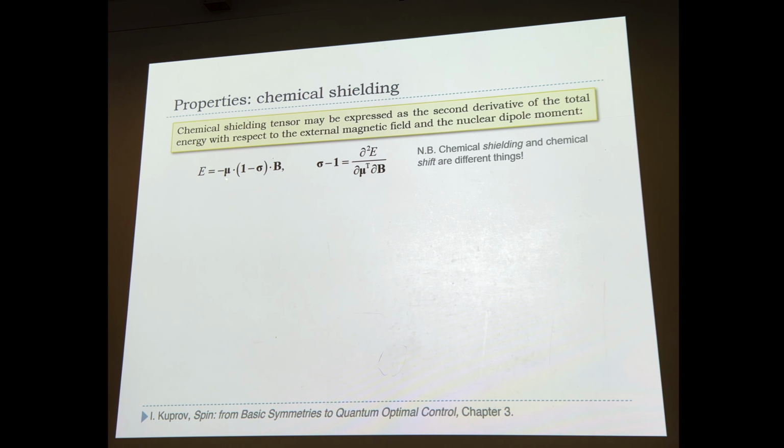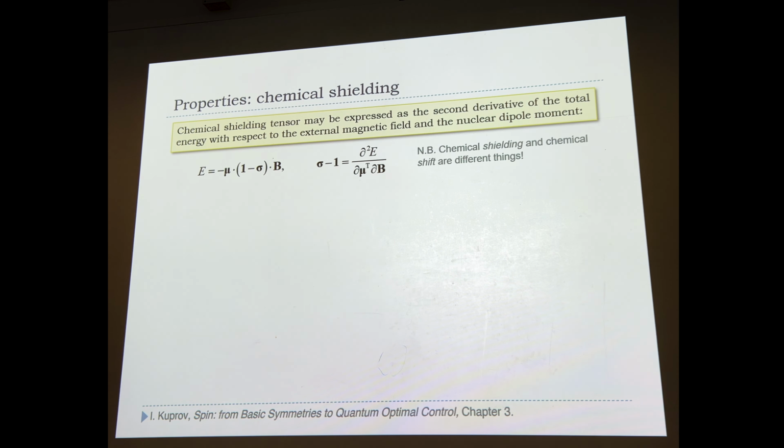This is E. That's the nuclear magnetic moment, that's the external magnetic field. To expose this bracket, we need to differentiate E with respect to mu, at which point mu is going to vanish, and then with respect to B, at which point B is going to vanish, and we will be left with 1 minus sigma, and with this extra minus in front, so sigma minus 1 is then d2E by d mu dB. Mu has 3 elements, B has 3 elements, so that's a 3 by 3 matrix.